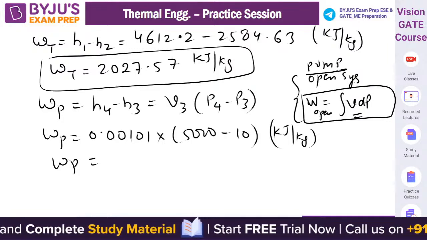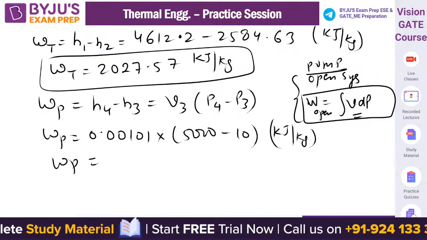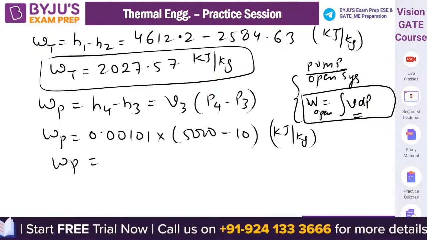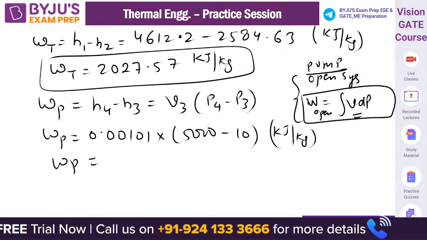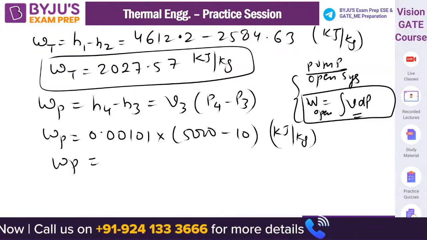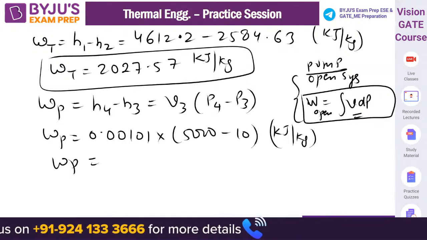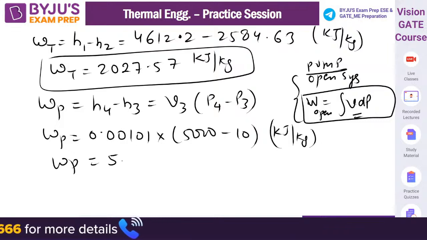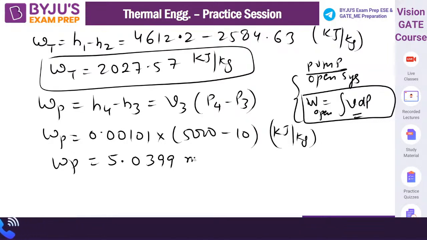Put the values in pressure in kilopascal, volume in meter cube, then you will get it in kilojoule. 4990 multiplied by 0.00101 will be 5.0399 kilojoule per kg. Do you guys understand it?